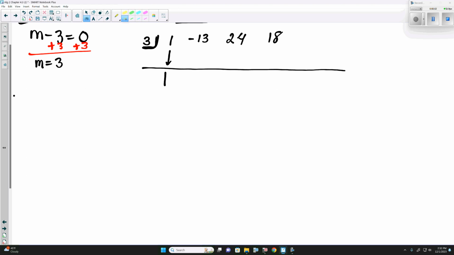Now the first step is we're going to take our 3 and multiply it with our 1. So we're going to do 3 times 1, which is 3. Now that we've multiplied that, we're going to take this number and place it under the next number above the line.